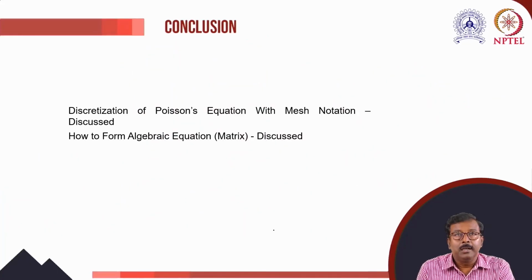So in this lecture, we have discussed how the Poisson equation is discretized and how the algebraic equation in matrix form is obtained from the double derivative in the Poisson equation, and then the solution of these will be taken by a suitable example in some classes later.